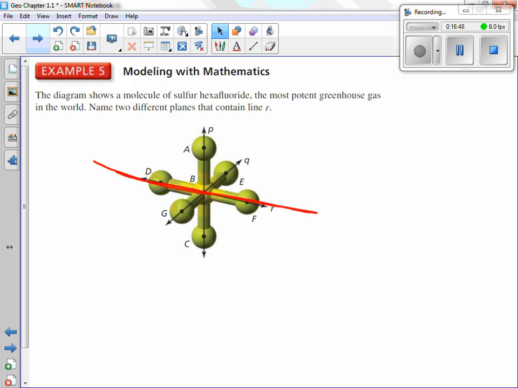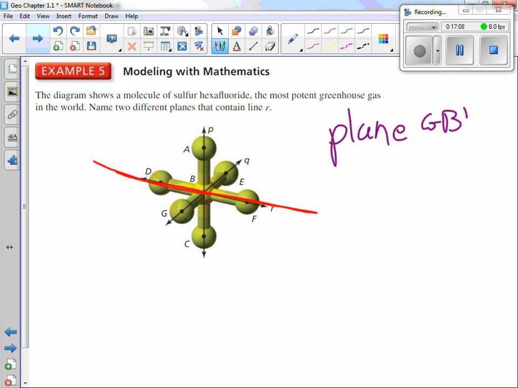So there are three different planes here. I'll name one of them to start with. Because if we look at this here, a flat plane would be one that we can do. So I could do G, B, D. Is that flat? That flat plane would contain that line, yes? What would be another one?